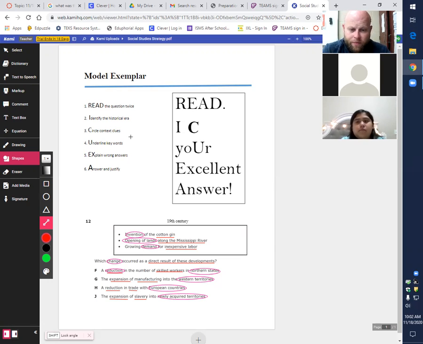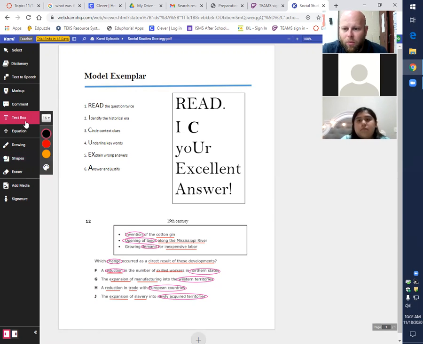Because the cotton gin was invented around slavery. Mississippi was a large area for slavery, and then inexpensive labor. The slaves weren't paid, so they were pretty inexpensive, right? So we know we're talking about slavery. So we're going to explain our wrong answers.